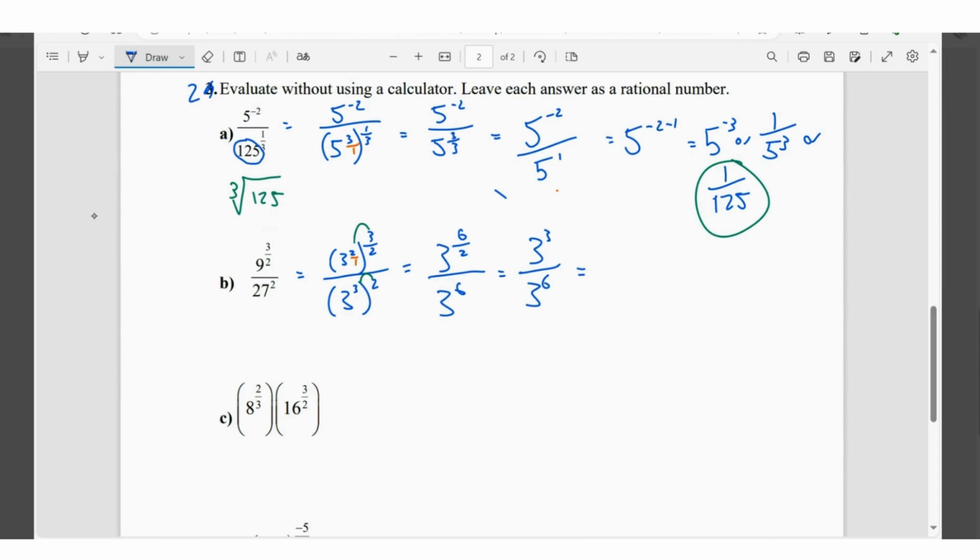Now we have the same base. They're being divided, so we can subtract. 3 subtract 6 gives us 3 to the negative 3. Negative 3 equals 1 over 3 to the positive 3, equals 1 over 3 times 3 times 3, which is 27.